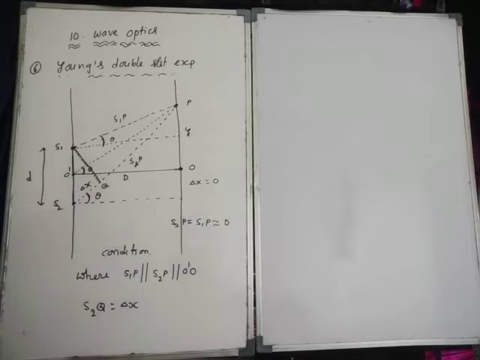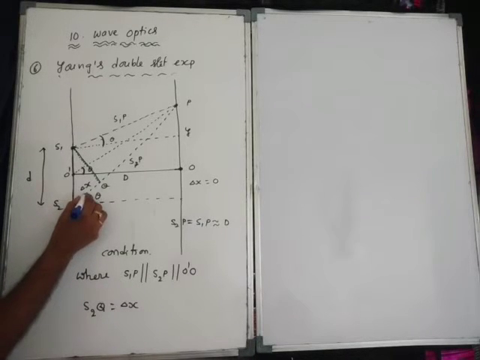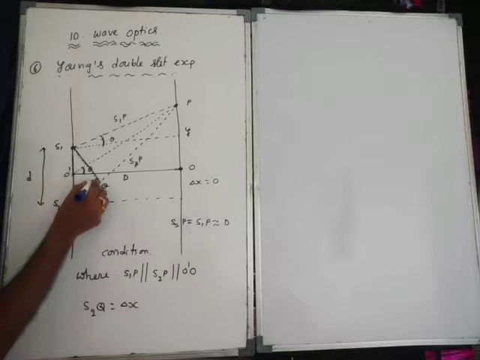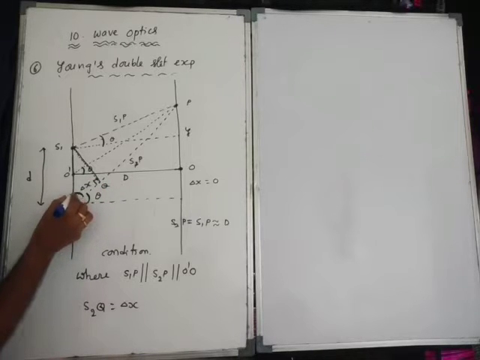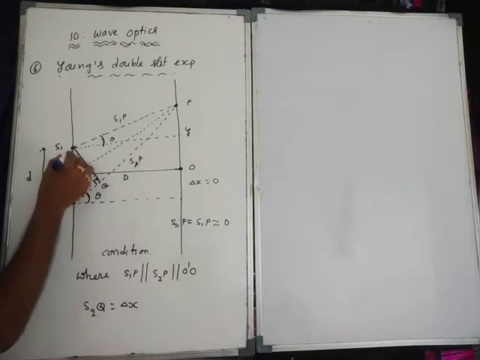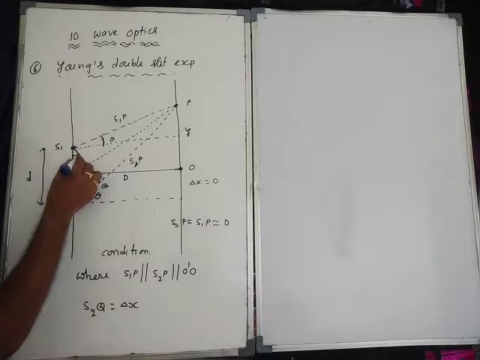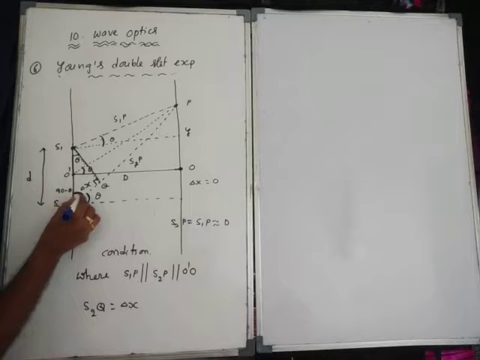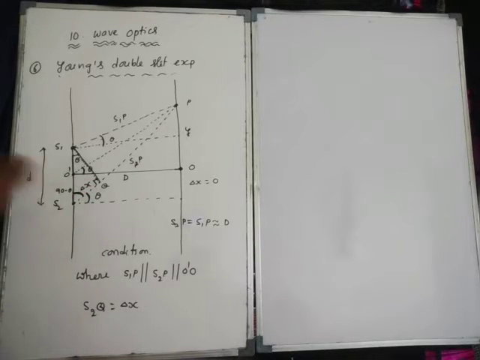Now this is theta, so here the angle: this is 90, remember everybody, this is 90, and this is 90 minus theta. So here this is theta, this is 90 minus theta, and this is 90 degrees.